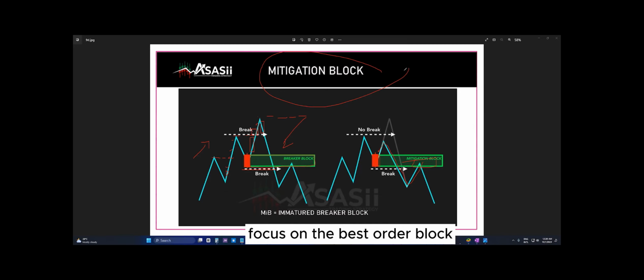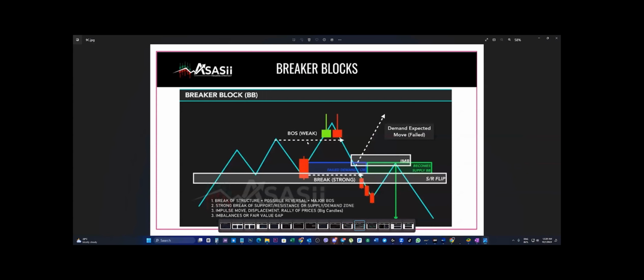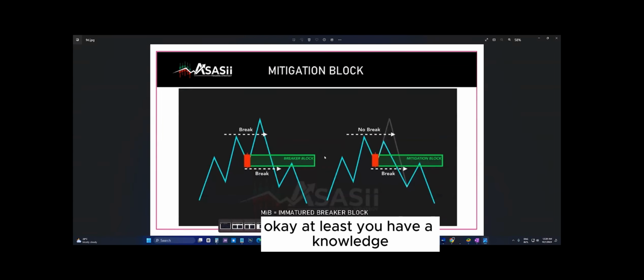For you to master this one, I suggest don't focus that much on this scenario. Focus on the best order block. Ano ba yung pinaka-best na order block sa inyo? Doon kayo mag-focus. This one. Okay. At least you have a knowledge, this is a possible mitigation block or this is a possible breaker block.